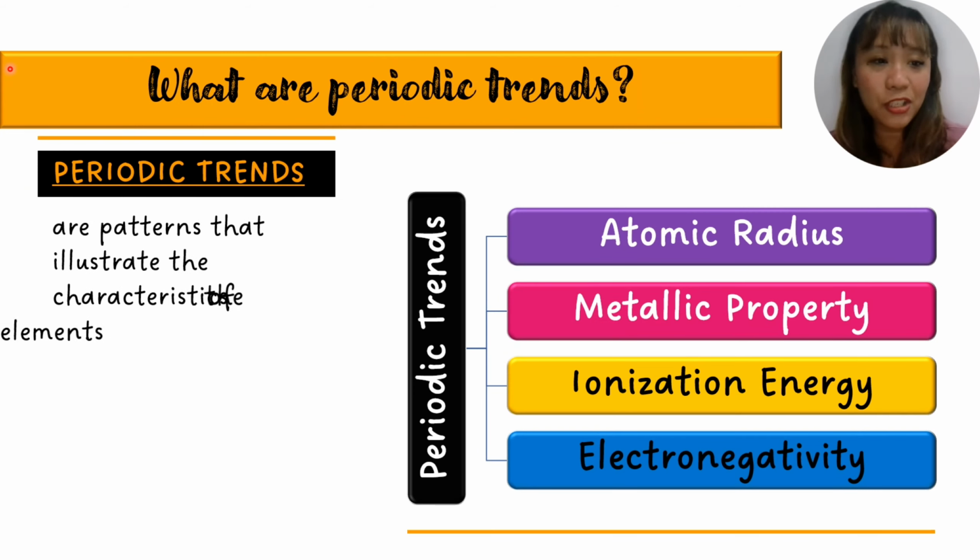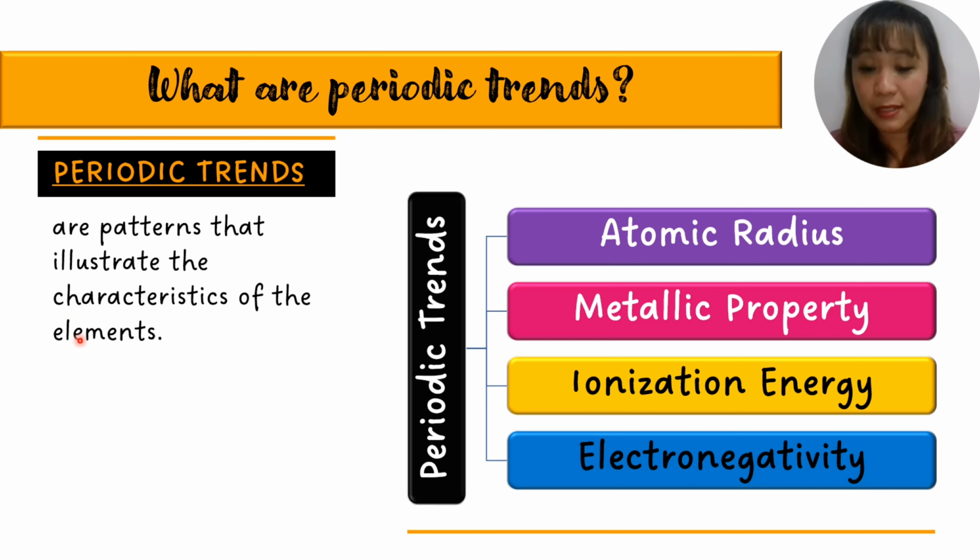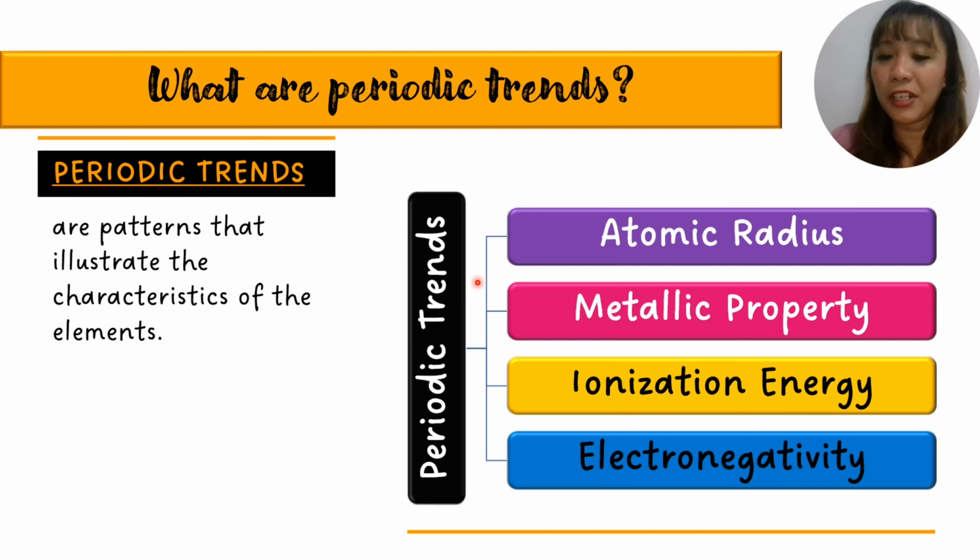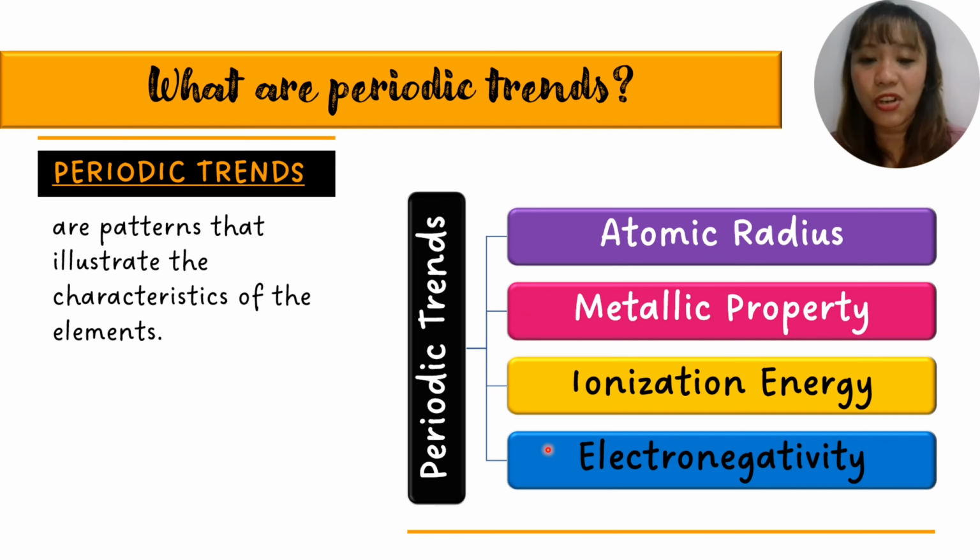What are periodic trends? Periodic trends are patterns that illustrate the characteristics of the elements. There are 4 major periodic trends: the atomic radius, metallic property, ionization energy, and electronegativity. We're going to discuss the atomic radius and metallic property first.